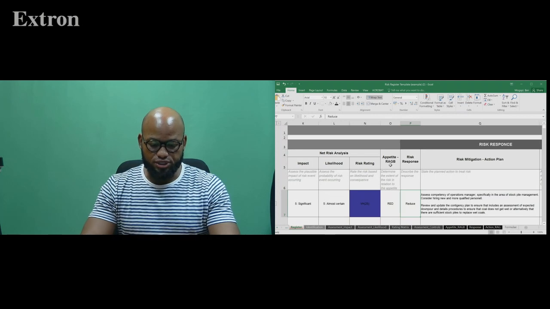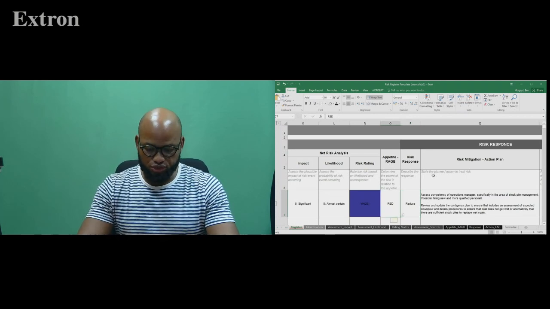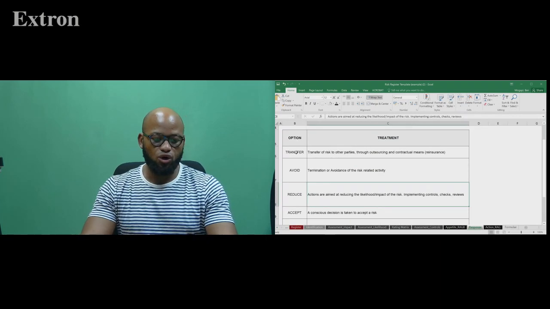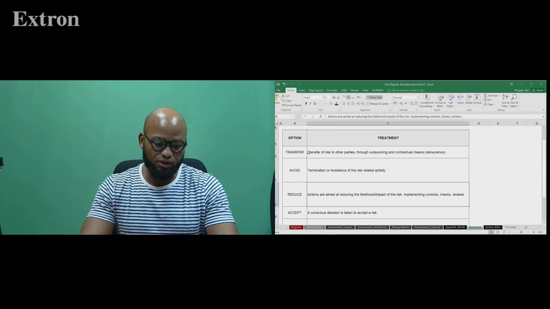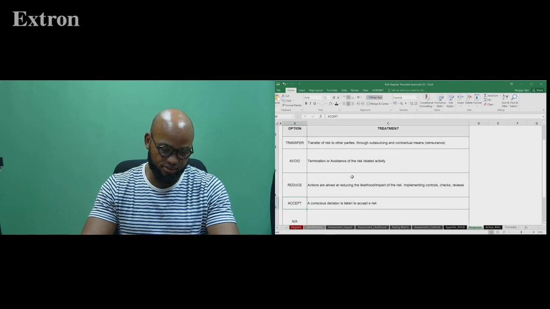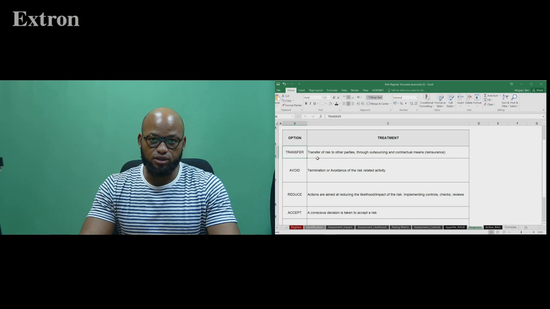Risk response. How are we going to respond to this risk? When it comes to responding to risks, there is something called the TOWER framework. TOWER is a mnemonic that stands for transfer, avoid, reduce, or accept. Some risks we can transfer contractually.